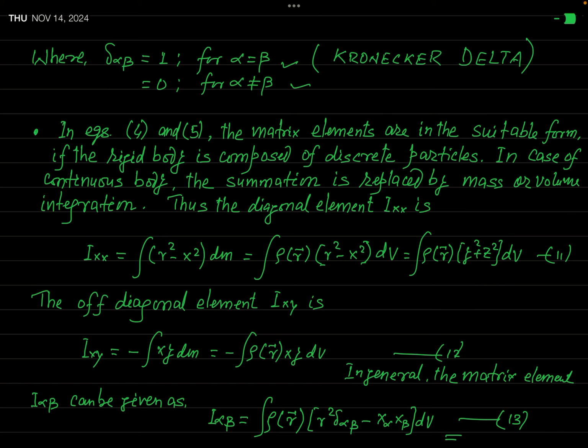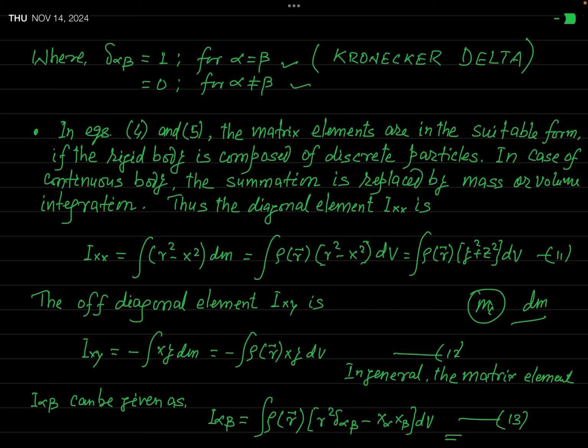And then instead of an ith particle of mass mi, we will consider a volume element or mass element dm. So mi will be replaced by dm, okay. Summation will be replaced by integration, okay.